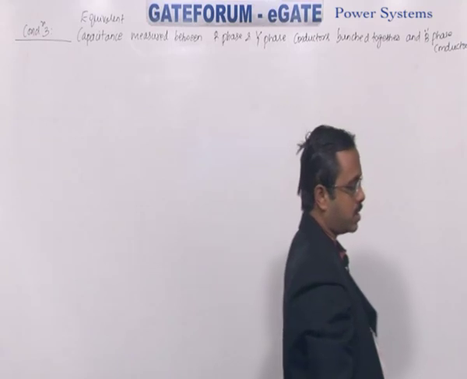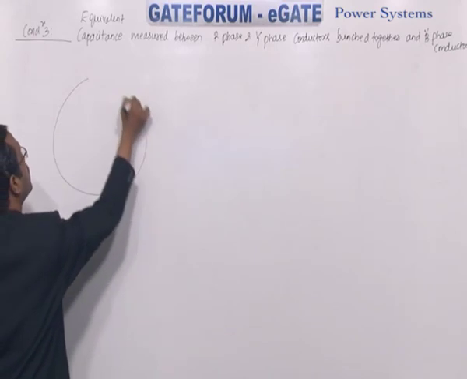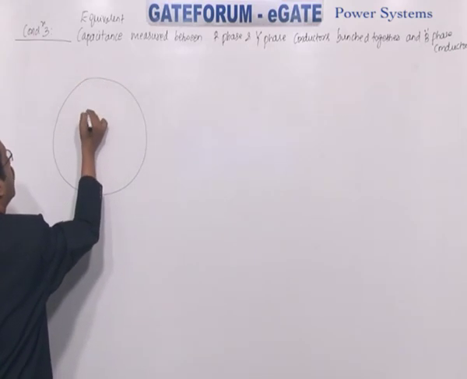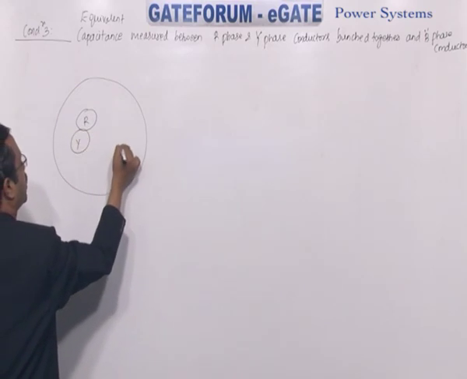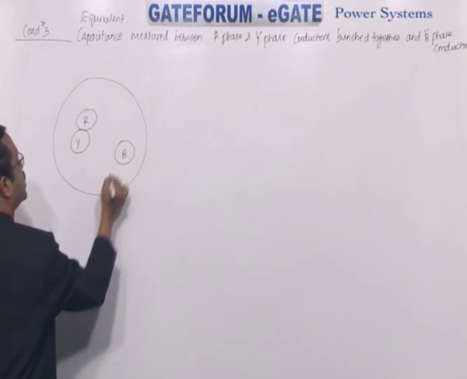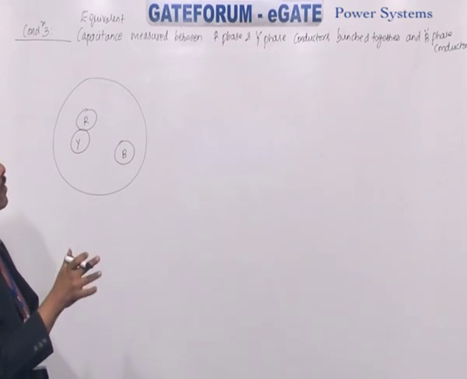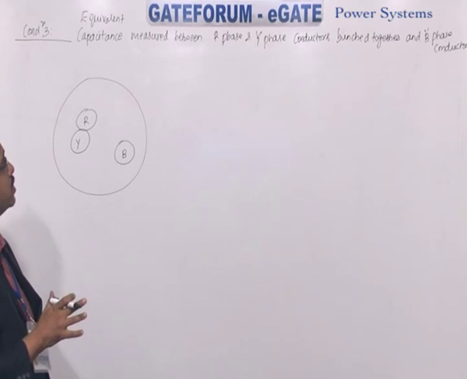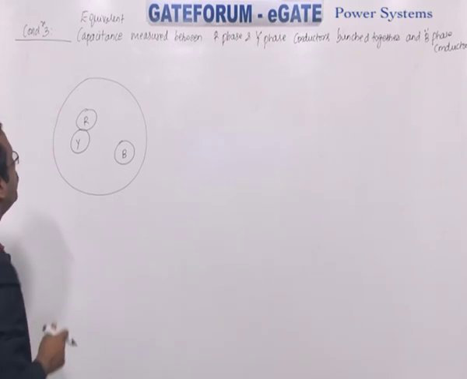So where they are bunched together and B phase conductors. So we draw the equivalent circuit. Before that, what about R phase, Y phase? They are bunched together. B phase conductor is as it is. So R phase and Y phase conductors are bunched together, and now we have B phase conductor.